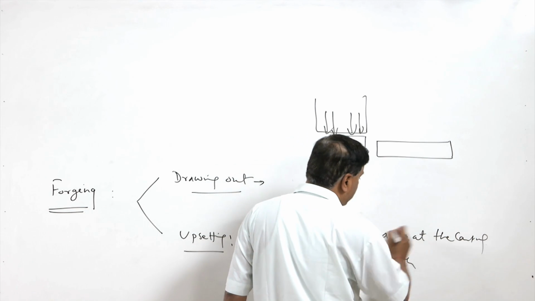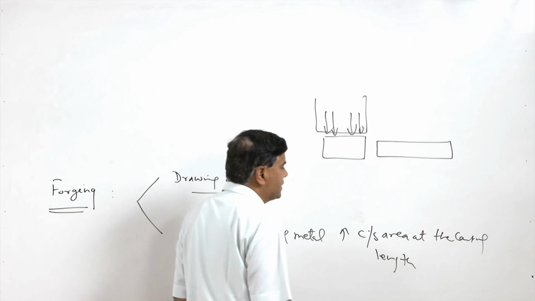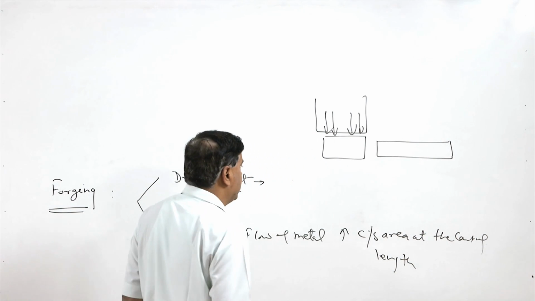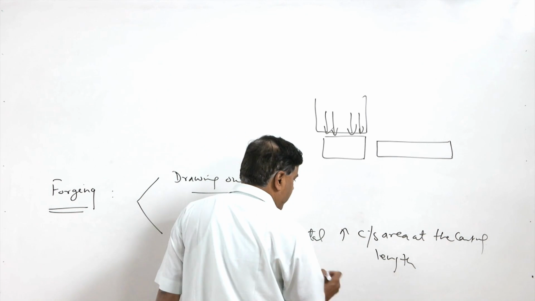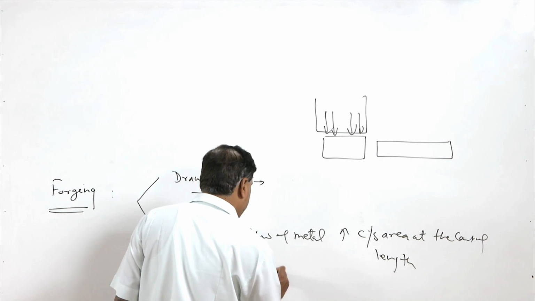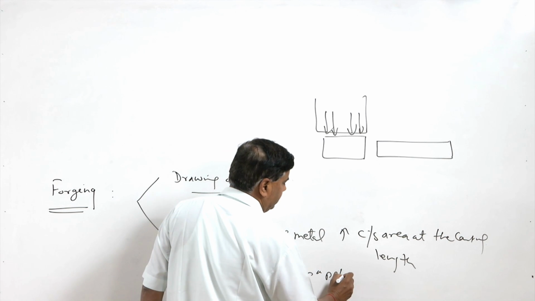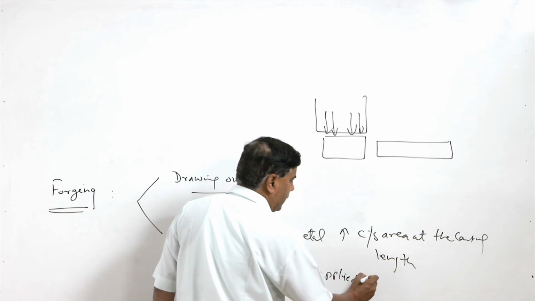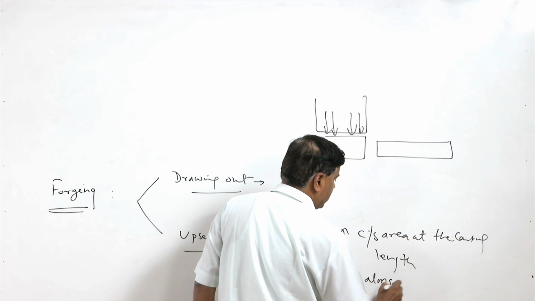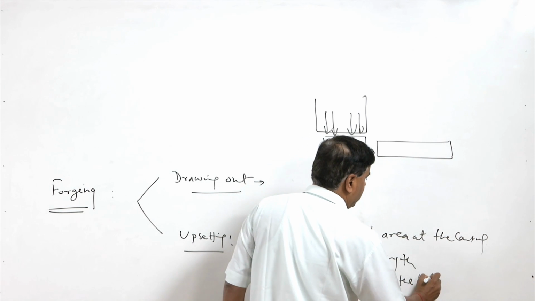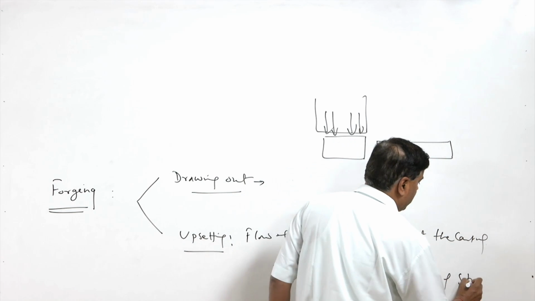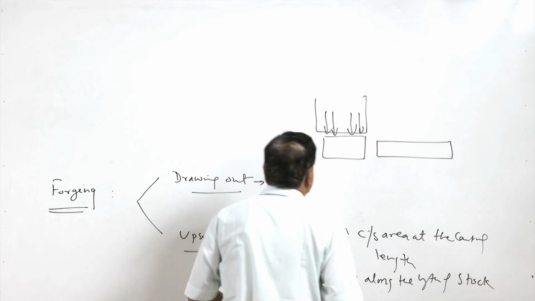Basically, length reduces and the cross sectional area increases. And another thing, the force is applied along the length of the stock or the job.